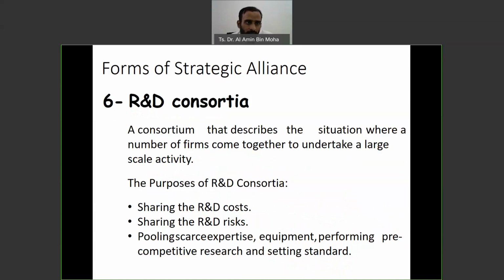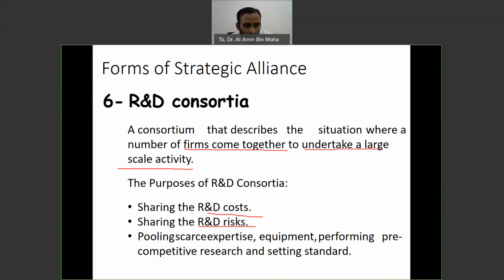And then number 6 is R&D consortia. A consortium describes the situation where a number of firms come together to undertake a large-scale activity. Okay, the purpose of R&D consortia is to share the R&D cost and the R&D risk.